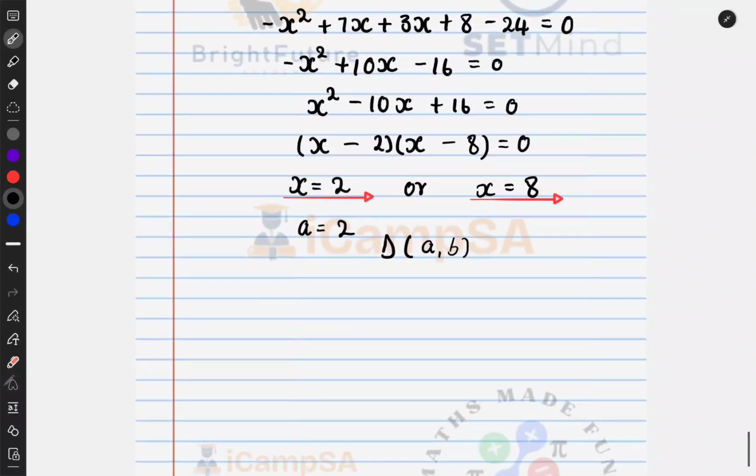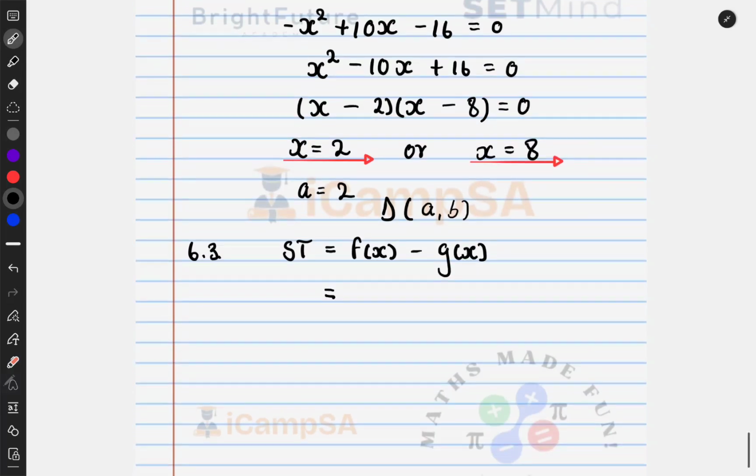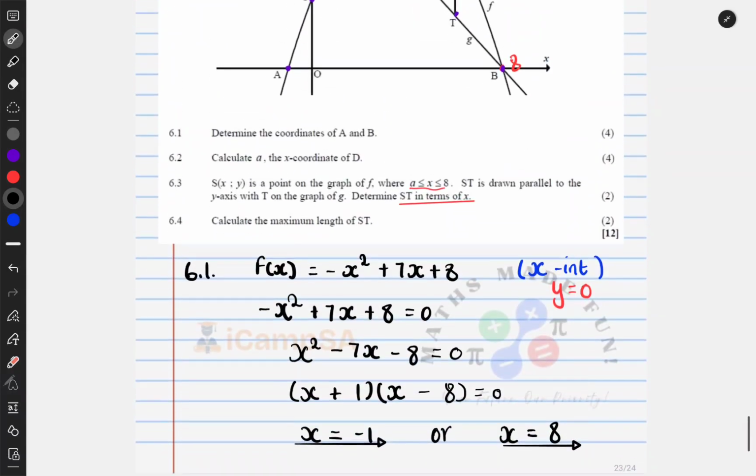We have 6.3 now. ST is equal to f at x minus g at x. Okay, and then for f at x, what is our equation?